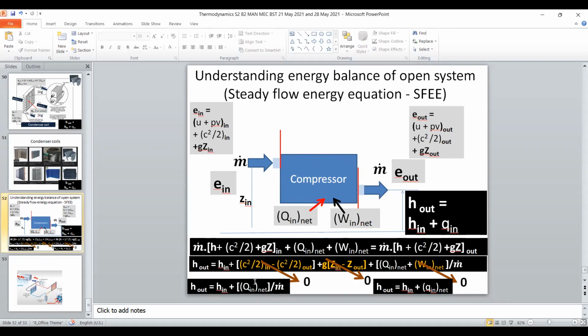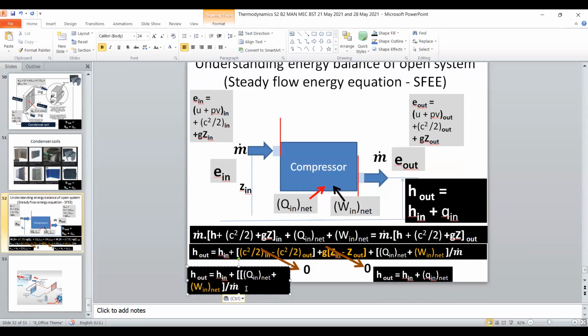For compression, W net is not zero. So you must have Q in plus W in net, both here. Kinetic energy terms, negligible. Potential energy terms, negligible.